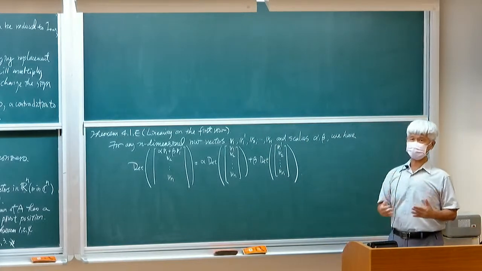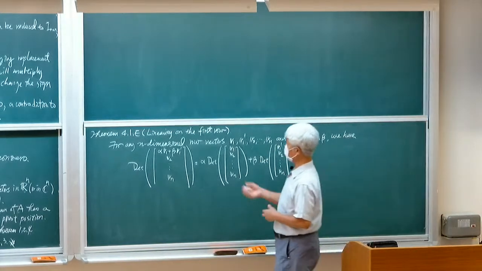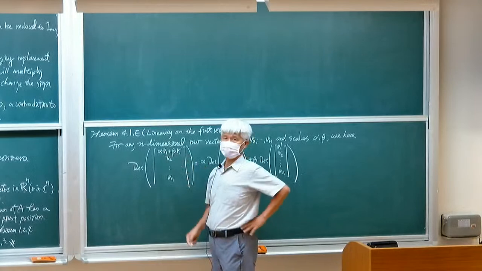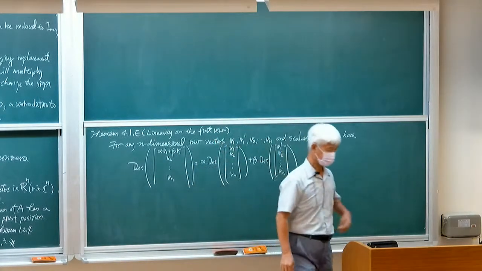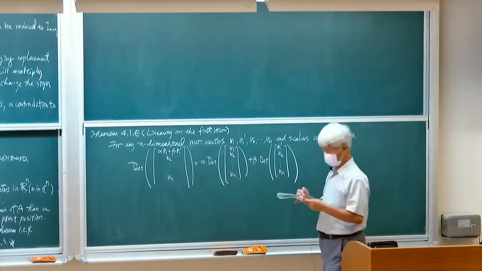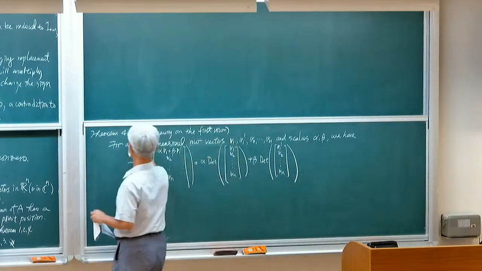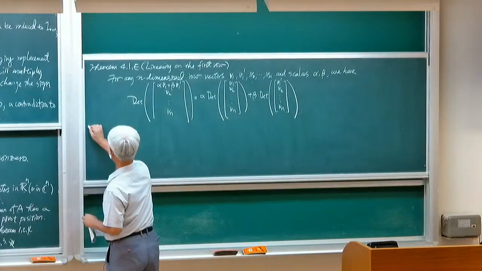So the determinant function is linear on the first row. Okay? Proof.